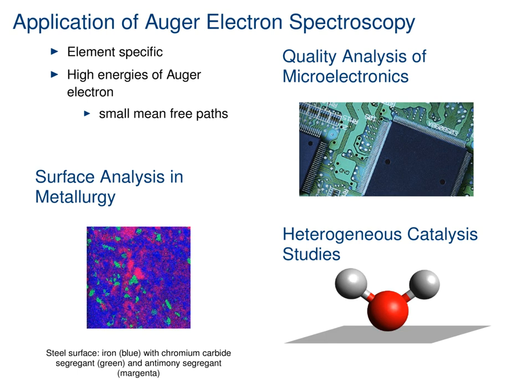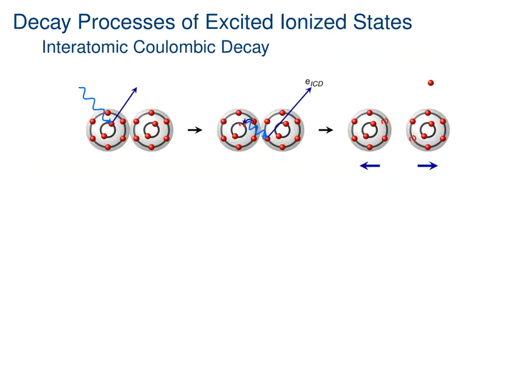As already mentioned, the Auger-Meitner process is not the only electronic decay process. Another one is the Interatomic Coulombic Decay, in which we ionize from one entity, fill the vacancy with an electron from the same entity, and transfer the energy to a neighboring atom or molecule.